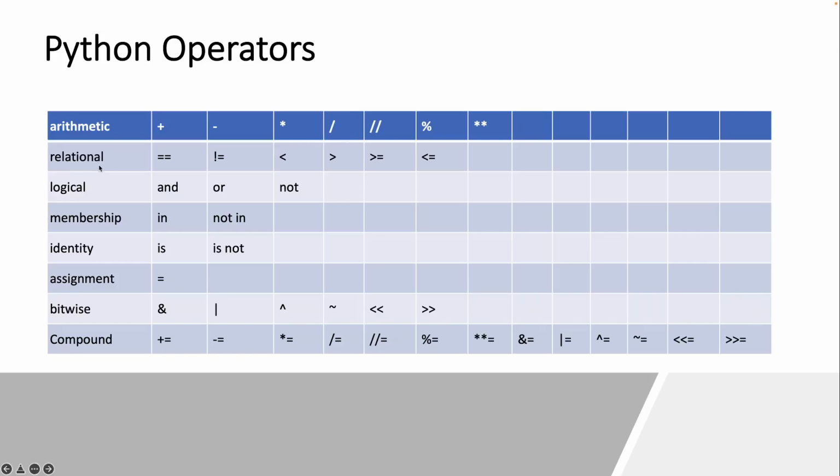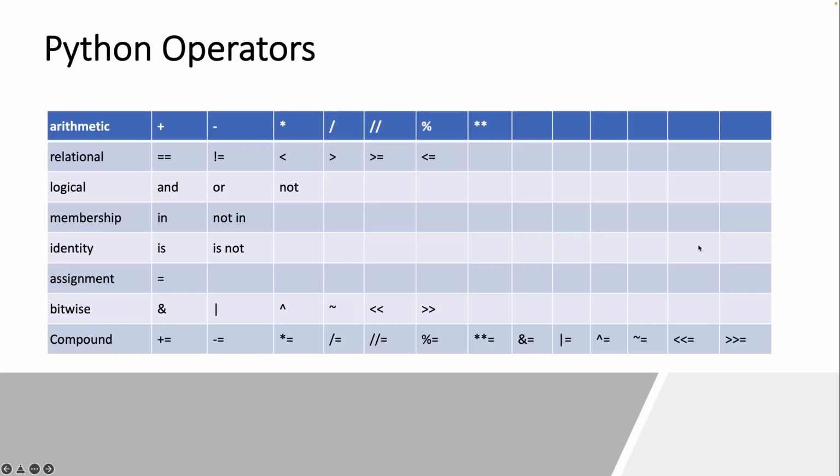What are relational operators? Relational operators are used to check the relation. They can also be referred to as conditional operators.